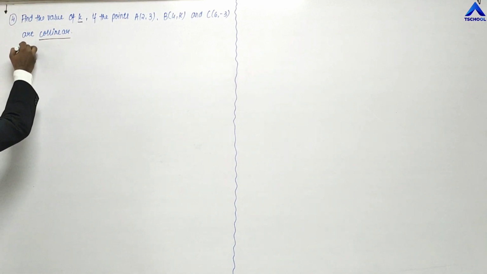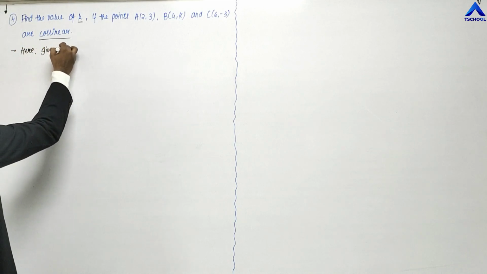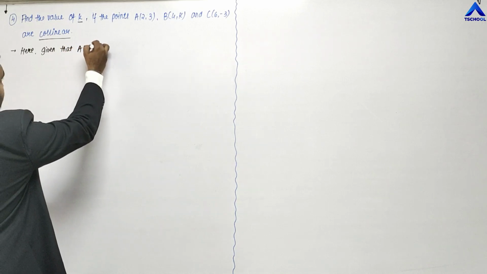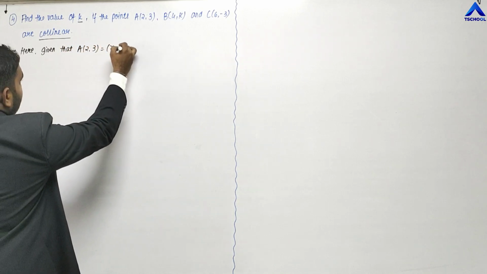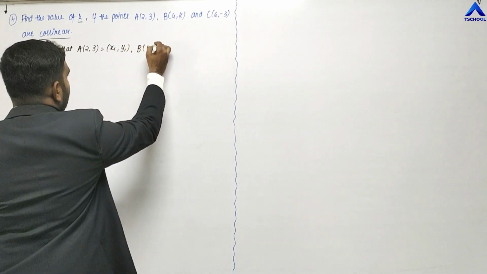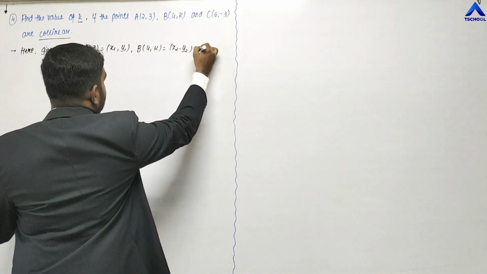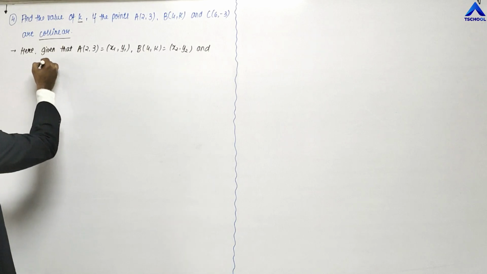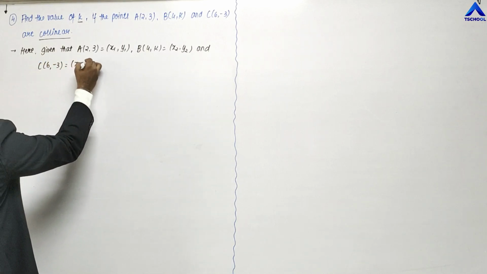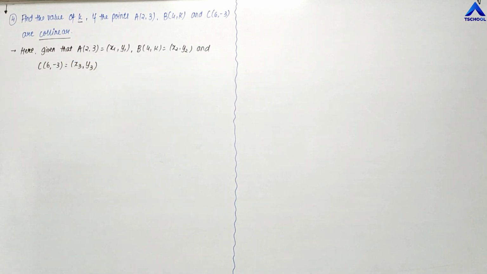So here, given that A (2, 3) is x1, y1, B (4, K) is x2, y2, and C (6, -3) is x3, y3, right?